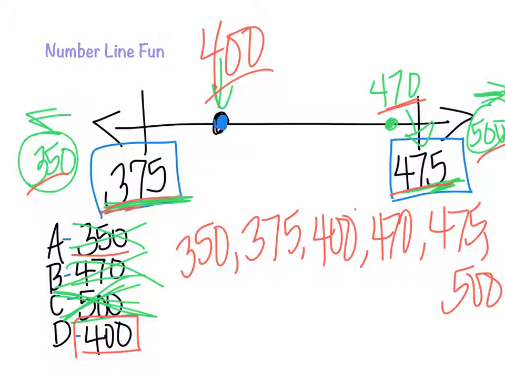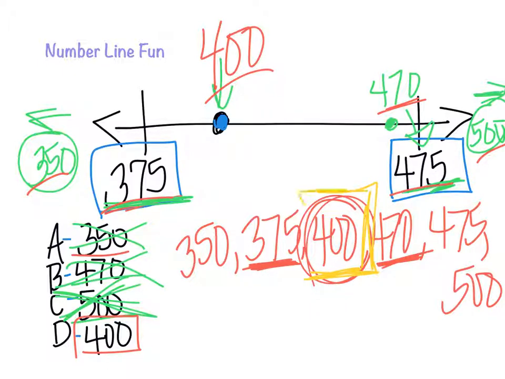So I know that the 400 was the only dot that made sense to go between the number 375 and the number 470. That is the only number that I could have chosen that would have worked. Any questions on this problem?